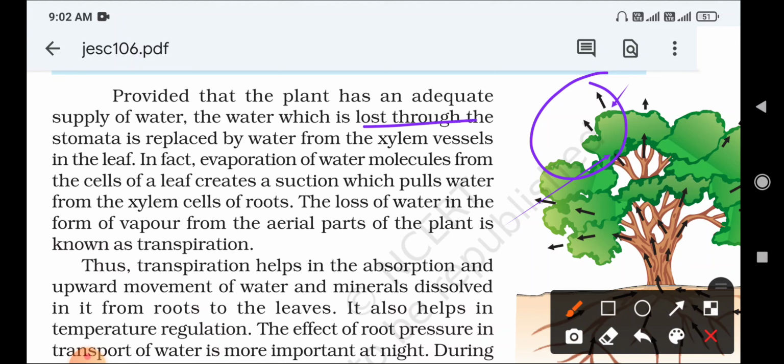The water lost through the stomata is replaced by water from the xylem vessels in the leaf.